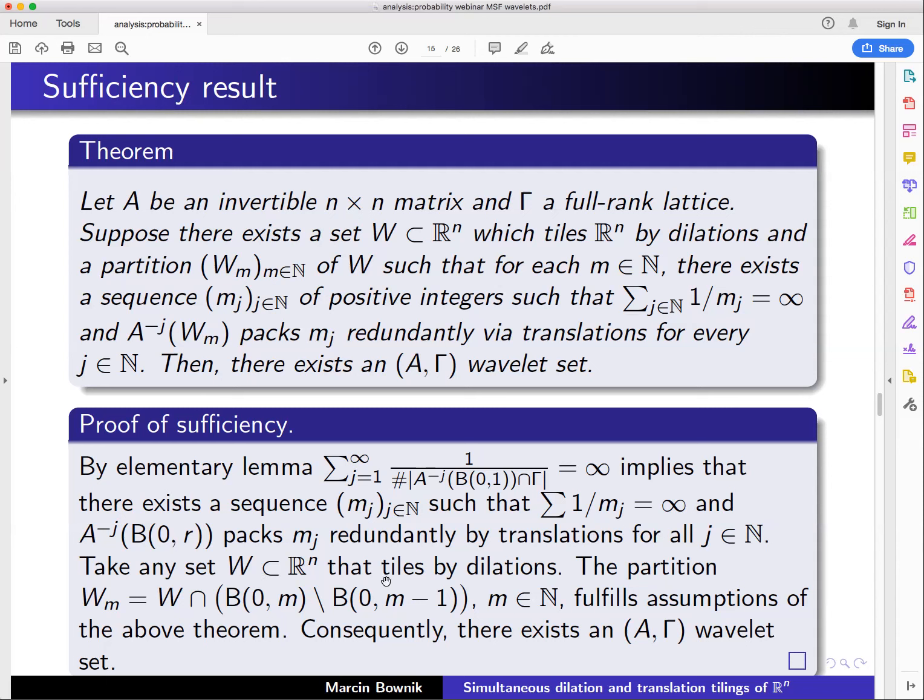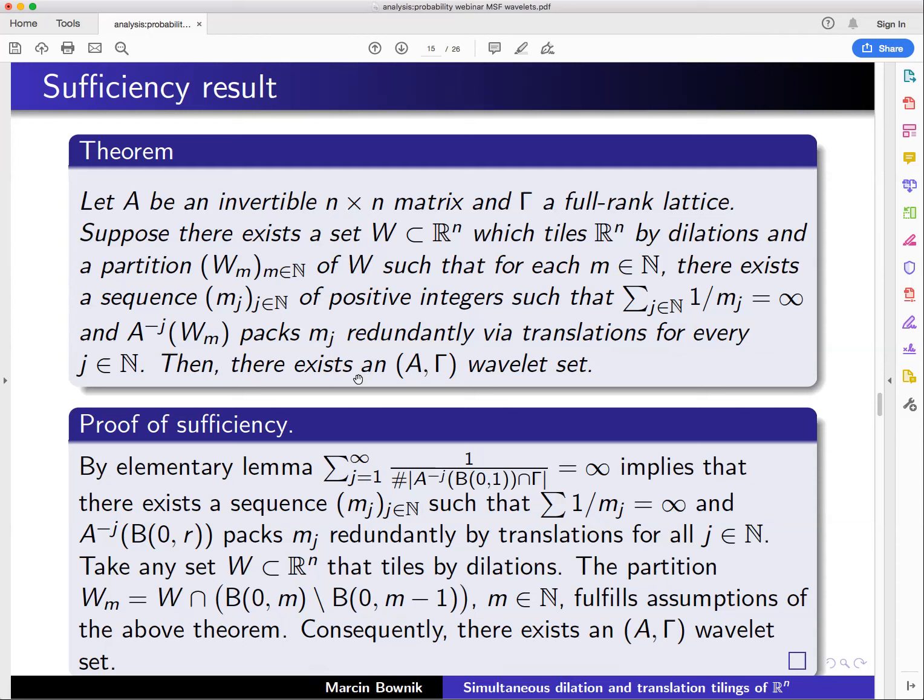So when you take a set that tiles by dilation, I want to find this double partition of it, but it's enough to take, like, a ball of radius m and subtract the ball of smaller radius. So you take an annulus. This will also fulfill the assumptions of the above theorem, because every ball of radius r fulfills this assumption. So consequently, by that theorem, you have the existence of a wavelet set.